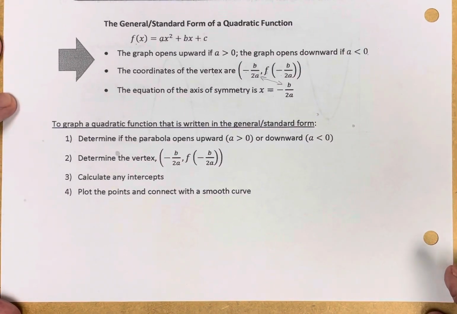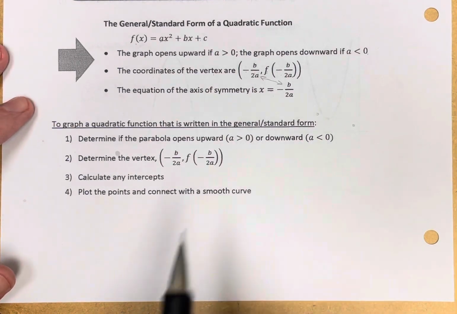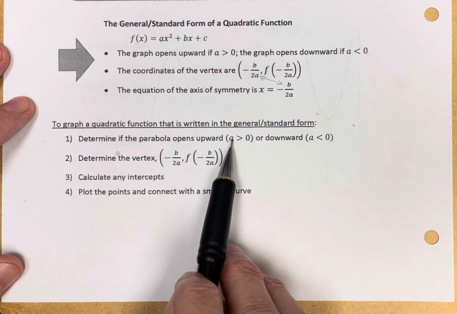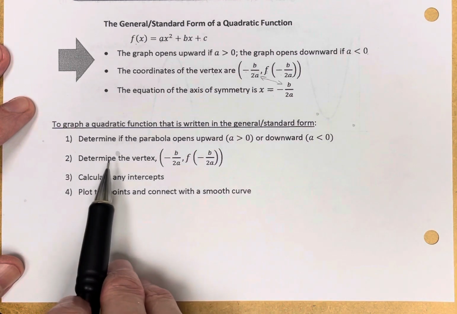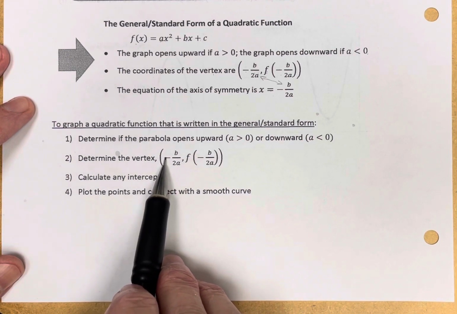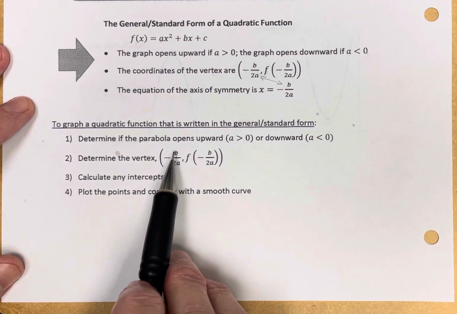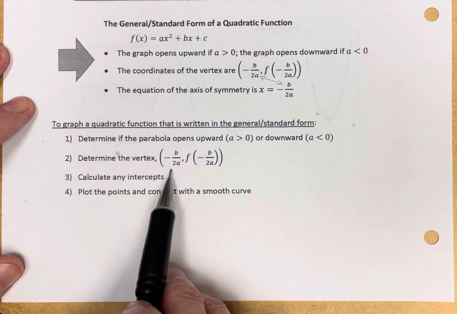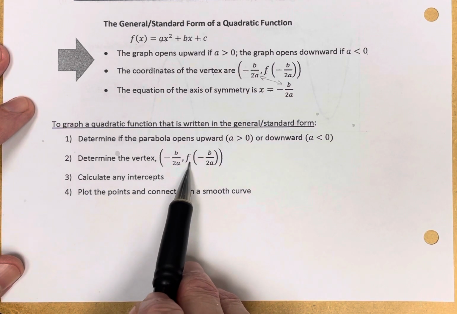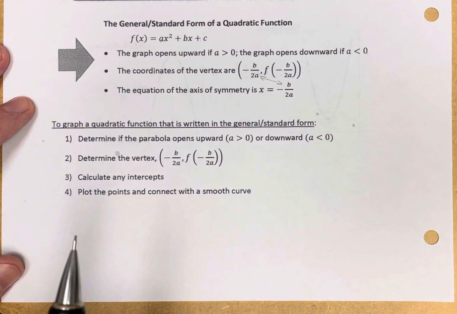Okay, so to graph a quadratic function that's written in this general form, we first determine, does the parabola open up or down? We second determine the vertex. We find the x-coordinate by substituting b and a into here. Then we take the x-coordinate we calculated, put it into the function, and get the y-coordinate.